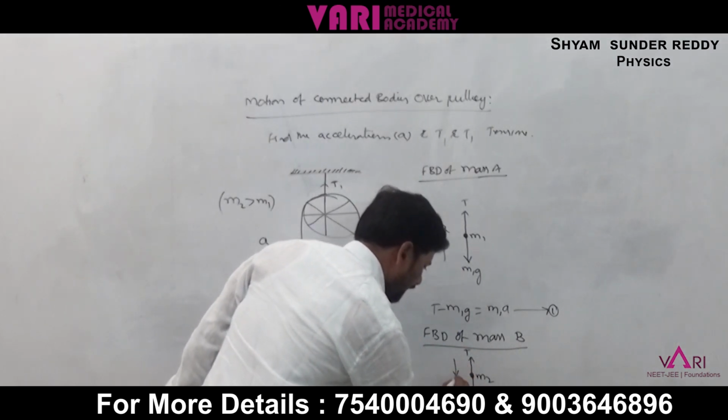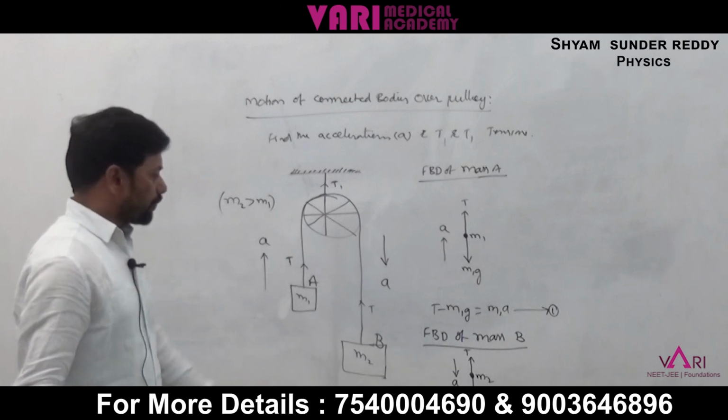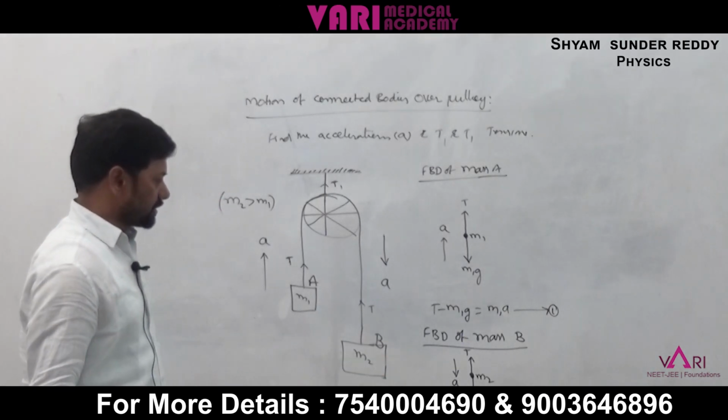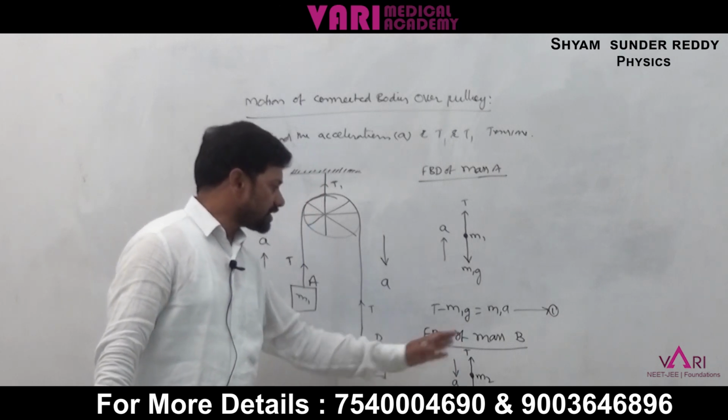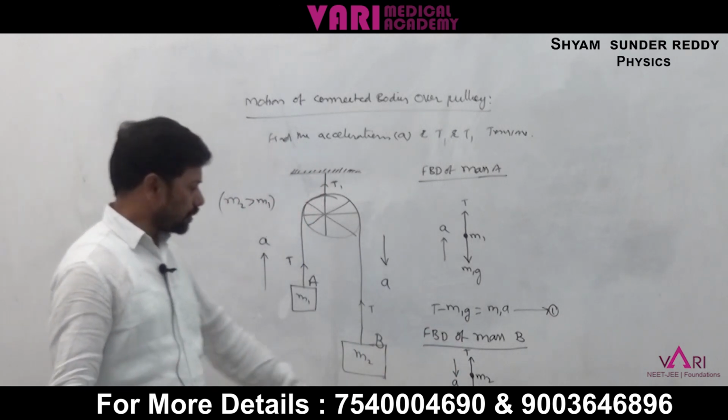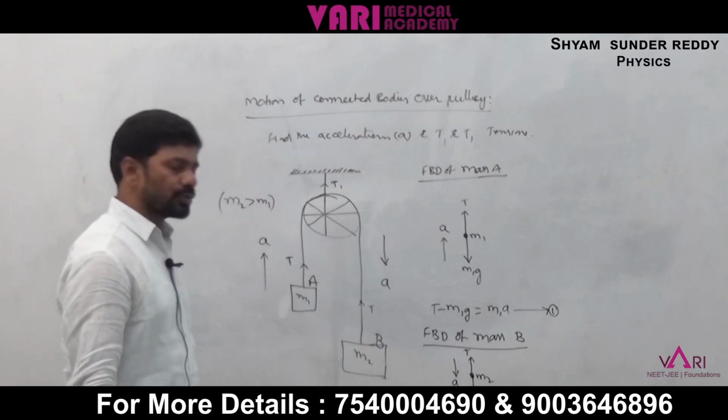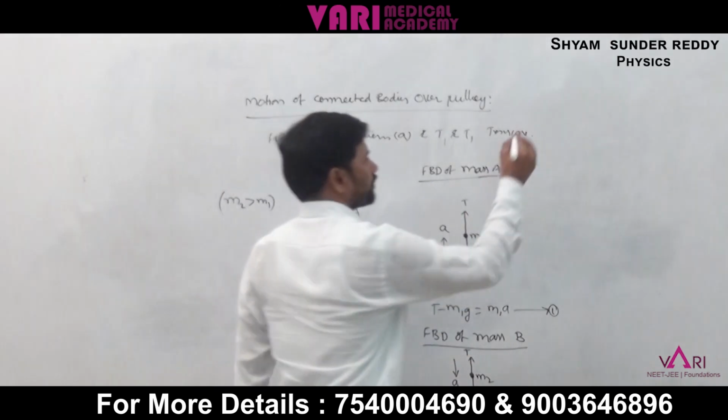This is a. So from this we can write that M2g is more and T is less. So M2g minus T is equal to M2a.